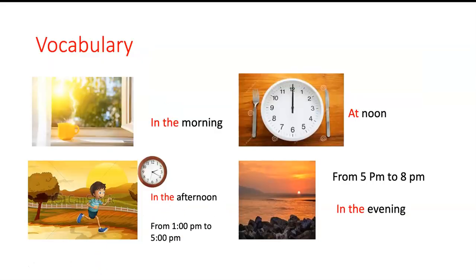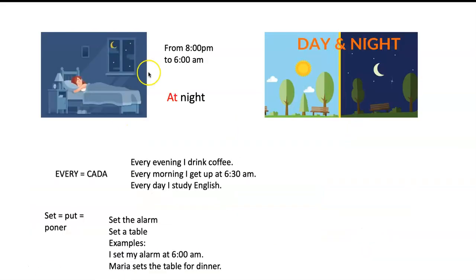So we are going to review. In the morning, at noon, in the afternoon, in the evening. At 9, day and night. Every evening I drink coffee. Every morning I get up at 6:30 a.m. Every day I study English.